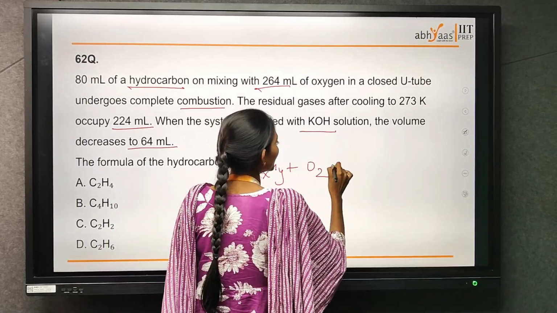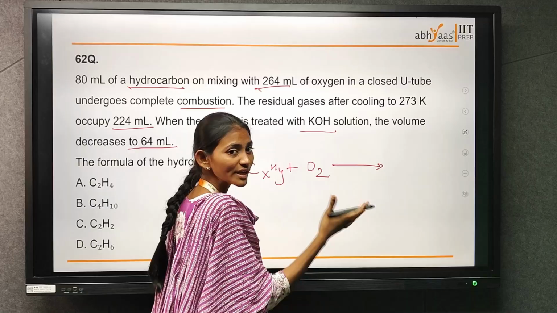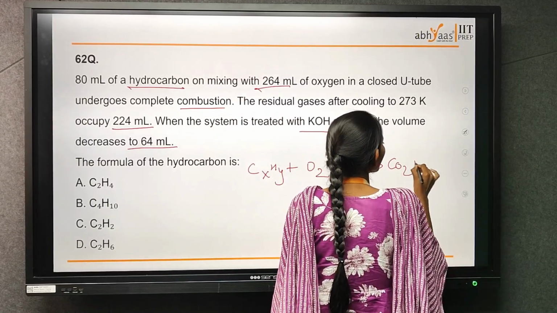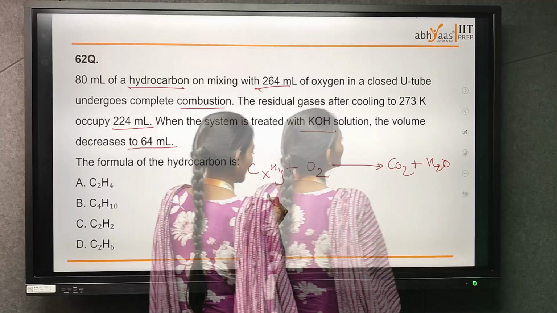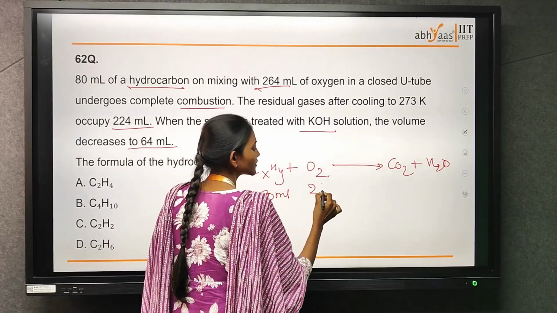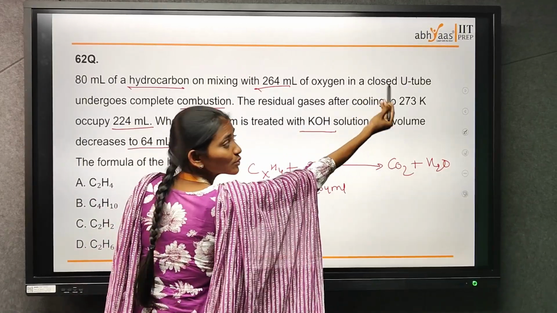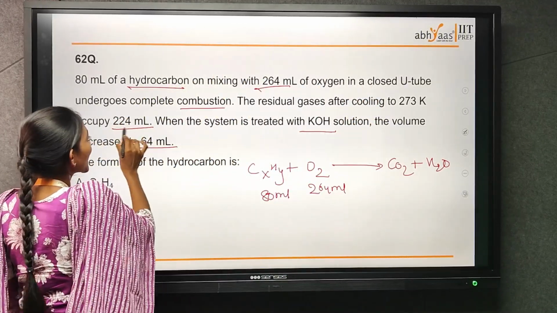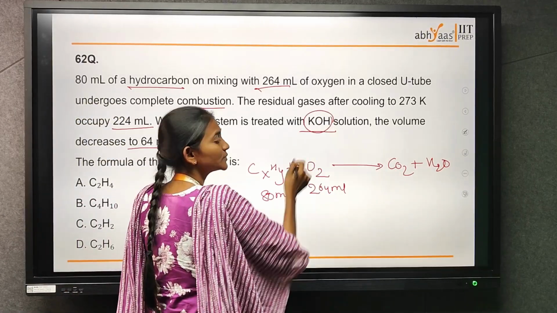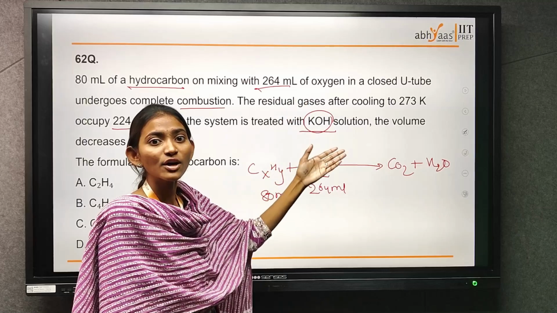In the presence of combustion, after cooling some amount is lost. So you get CO2 plus H2O. 80 ml hydrocarbon, and for oxygen you have 264 ml. After cooling at 273 kelvin it decreases because KOH will absorb CO2. Then how much do you have here? 264 minus 60.